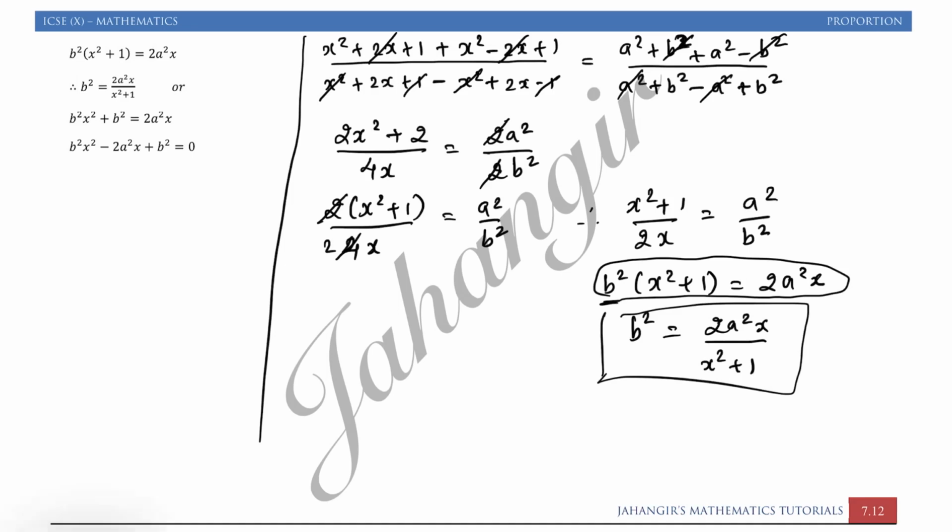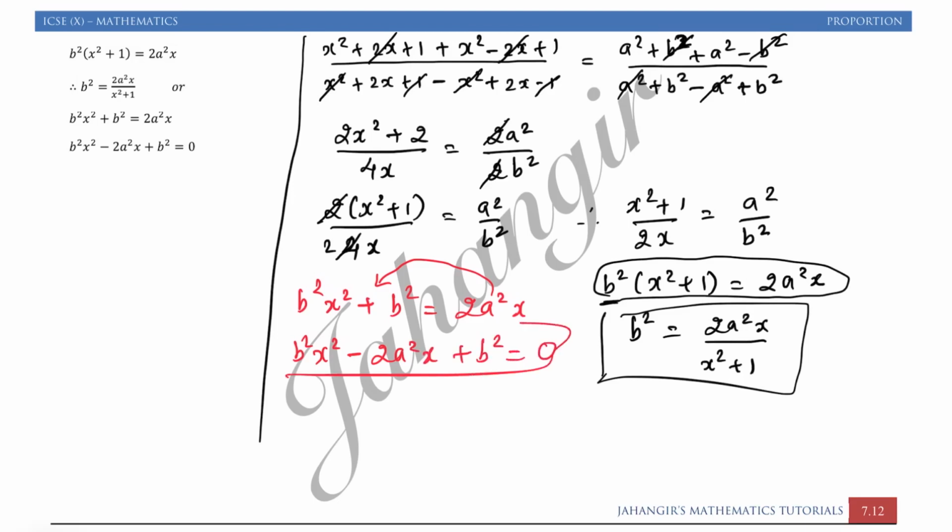So that is b square x square plus b square is equal to 2a square x. So 2a square x you can shift in between: b square x square minus 2a square x plus b square is equal to 0. This is my final answer.